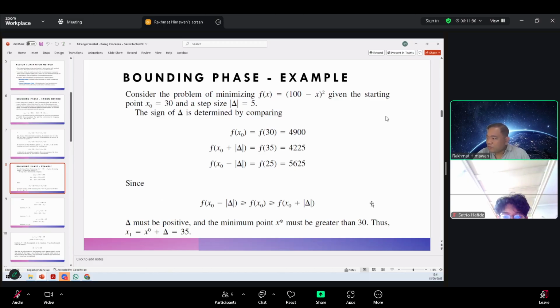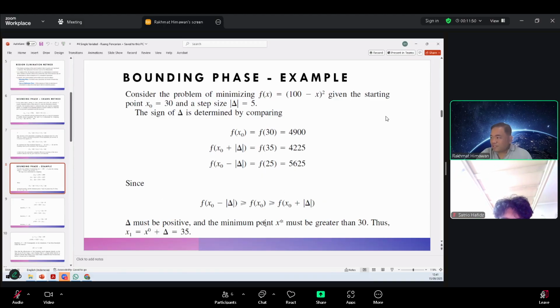So you want to go to the right. And what does going to the right mean? You want to go to the positive, not the negative. There you go. Do you understand now?